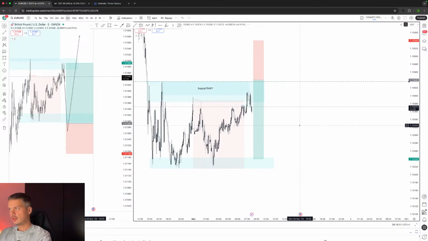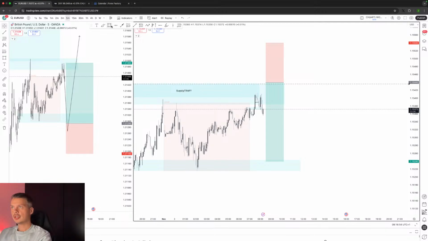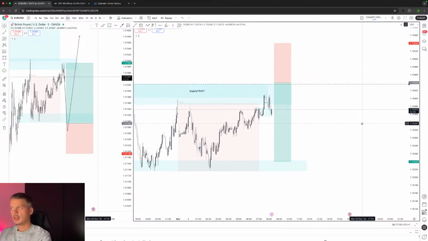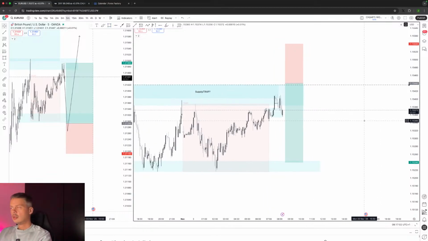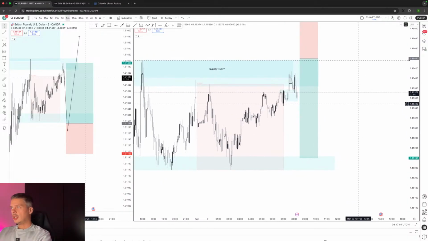Especially if we put this on the 5 minutes, we can see that price now is reacting from this internal area of demand, order block, POI, whatever you want to name it, it's all the same thing. Let's see what happens next.